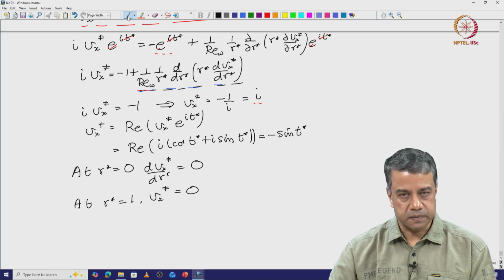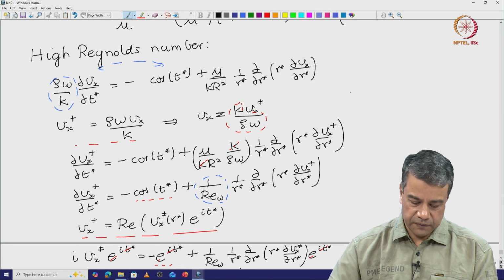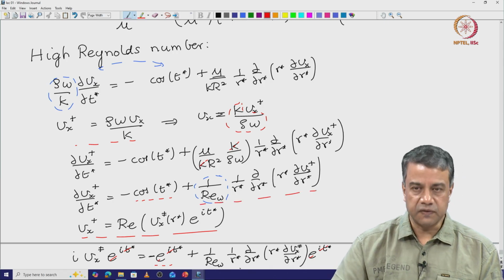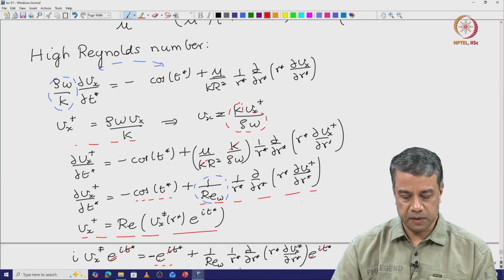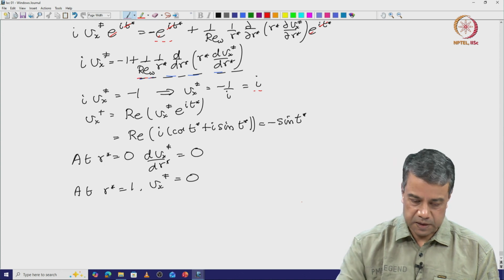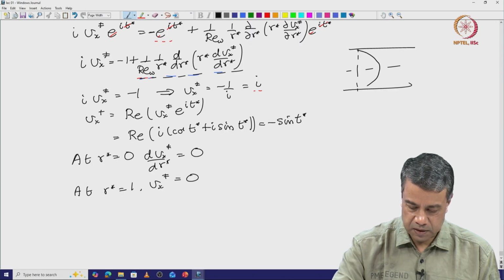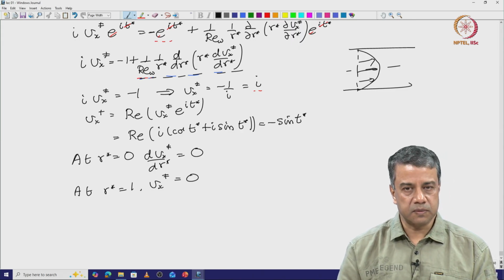What is the physical reason? Note that in the limit of high Reynolds number, I have basically neglected the viscous diffusion term. I have neglected the diffusion term in the momentum equation. Now, if you look at the flow in a pipe, the velocity at the wall has to come to 0 because of the no slip condition.